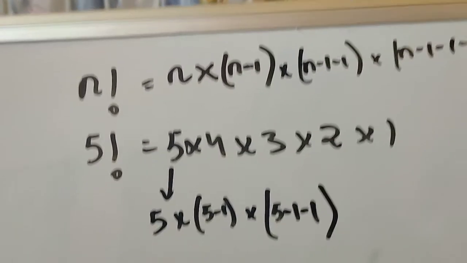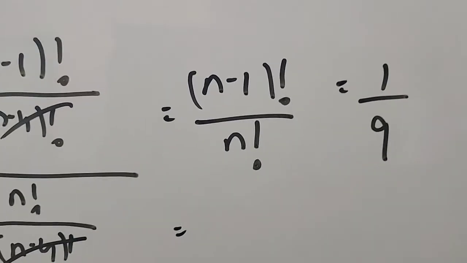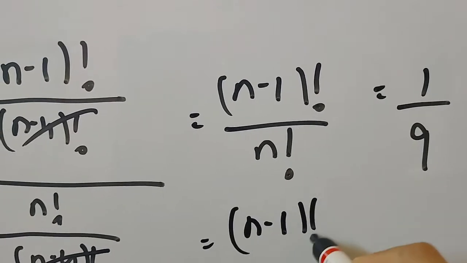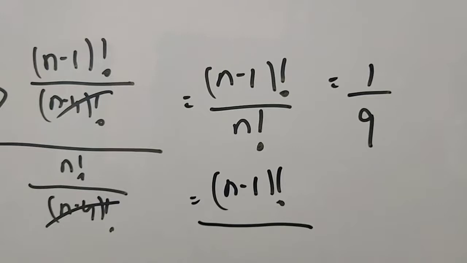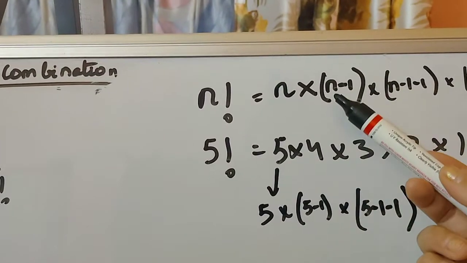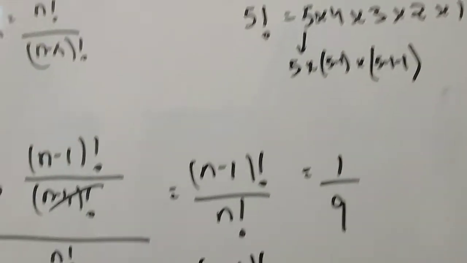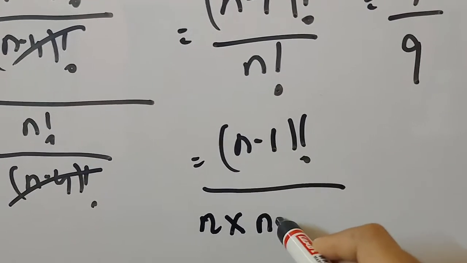So now here, what we can do is, for (n minus 1) factorial and n factorial, I can open this up and the next term will be n minus 1. So I will open n factorial as n into (n minus 1).